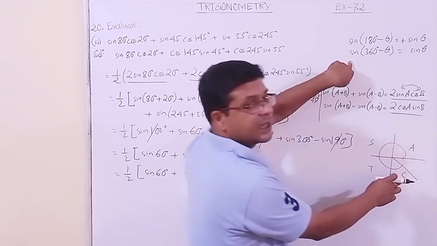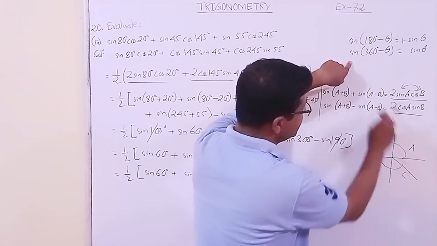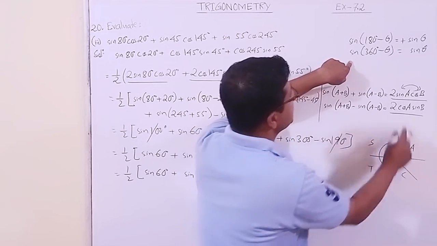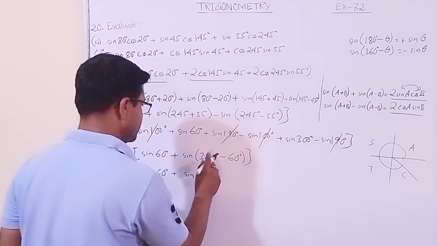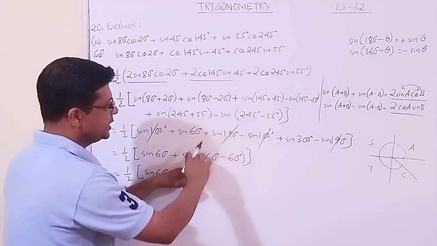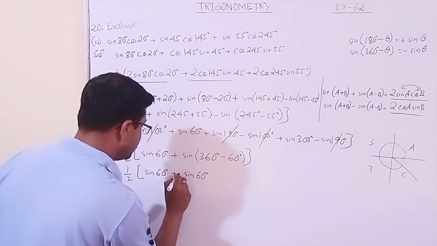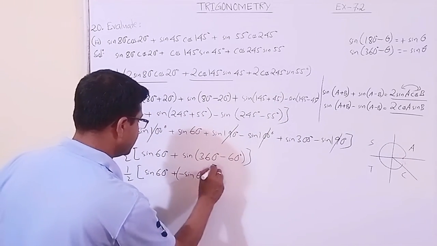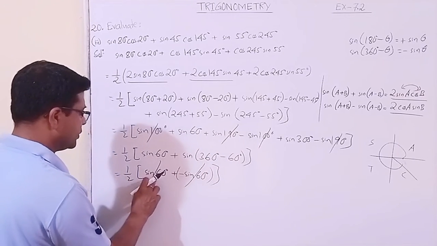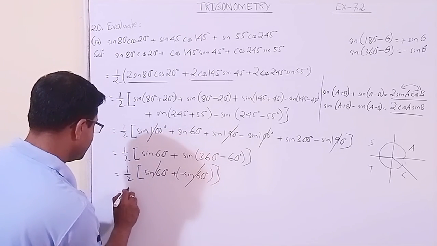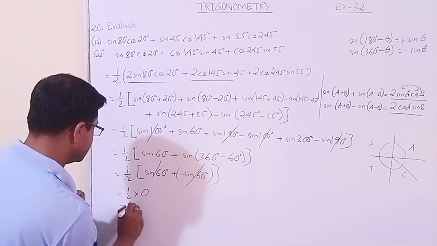Here it lies in the fourth quadrant. In the fourth quadrant sine is negative, you can see that cos is positive, so this is minus sine theta. So as it lies at 360 minus 60, it lies in the fourth quadrant. In the fourth quadrant sine is negative. Okay, they will cancel each other because one is plus, the other is minus. So half into 0 is 0.